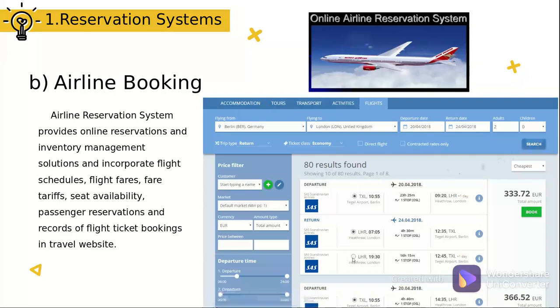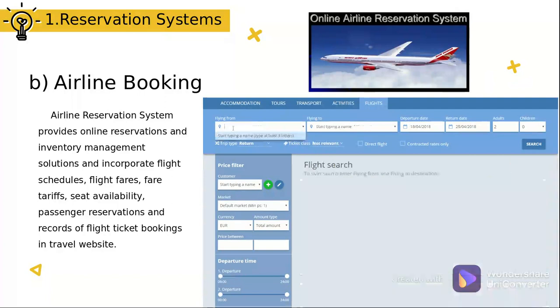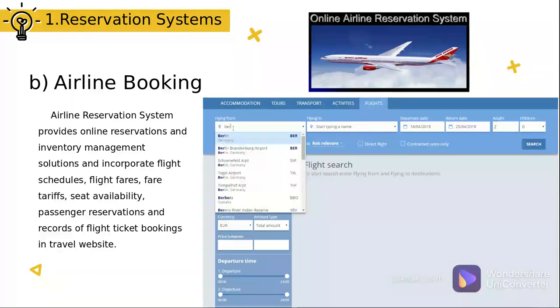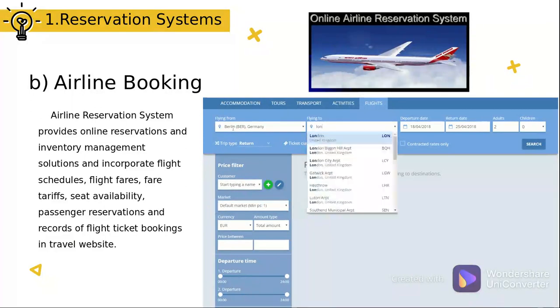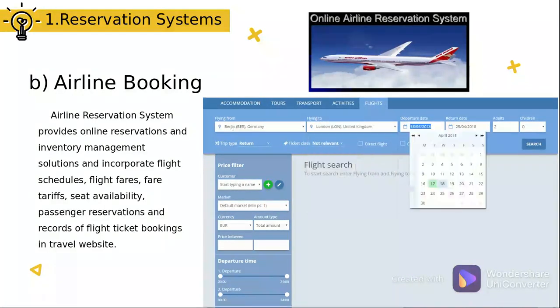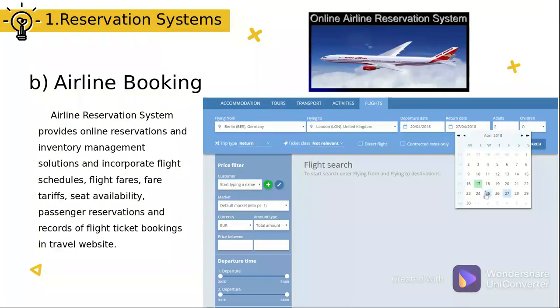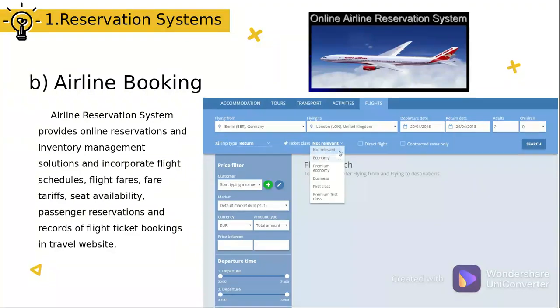Now, in the airline industry, these inventories are seats. It contains information on schedules and fares, and contains a database of reservations. So when I talk about reservations, what I mean is the passenger details, and also the tickets that have been issued, if any.